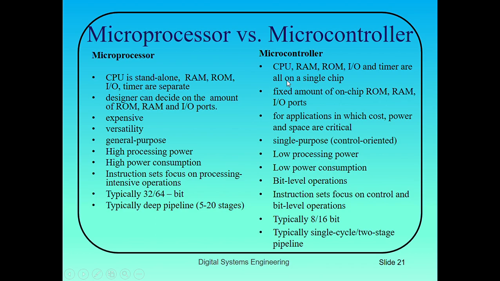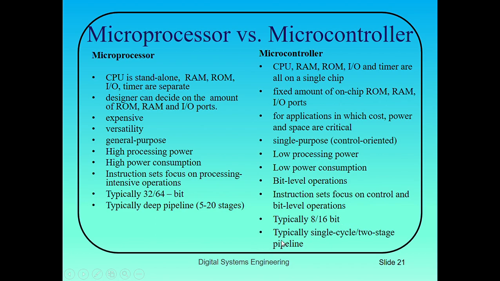Our microcontrollers are designed for low power applications, and they are usually single purpose, with low power consumption. They can perform bit level operations. In a microcontroller, instruction sets focus on control and bit level operations. They are typically 8 or 16 bit devices.